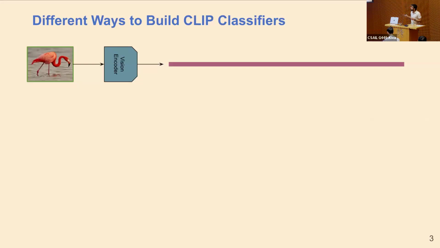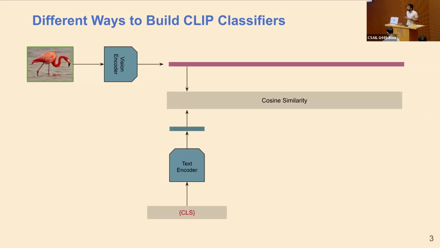We embed it through the vision encoder and get these embeddings. One way to build this classifier is to just embed the class names themselves, for example the class name flamingo, and then do a cosine similarity matching between the text embeddings and the vision embeddings to find your correct class name.